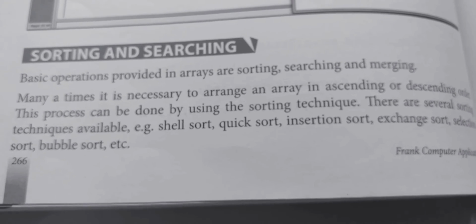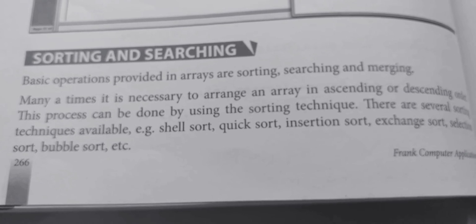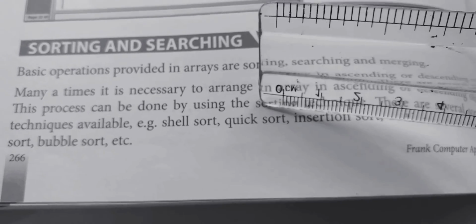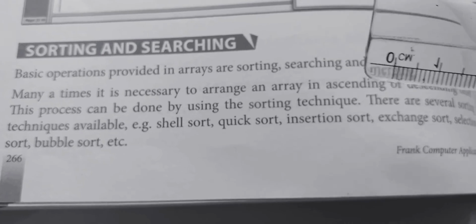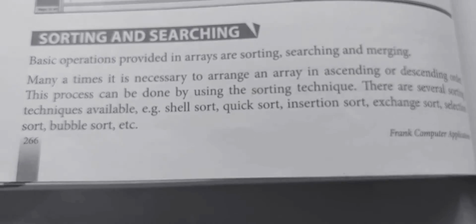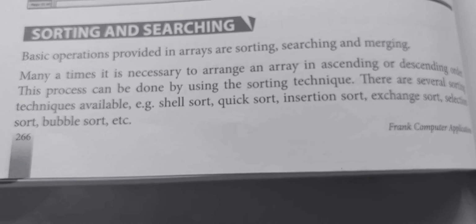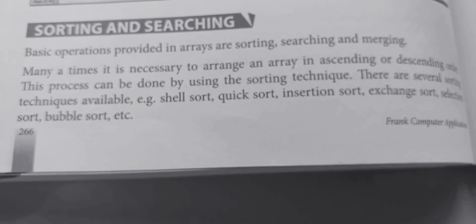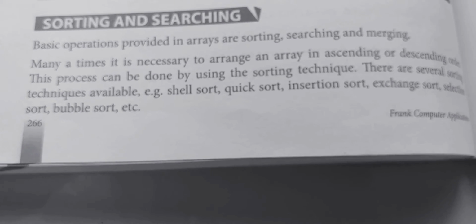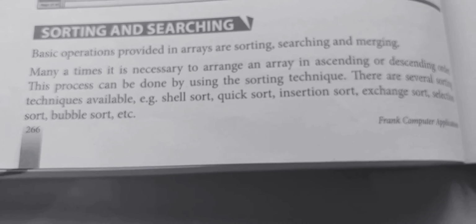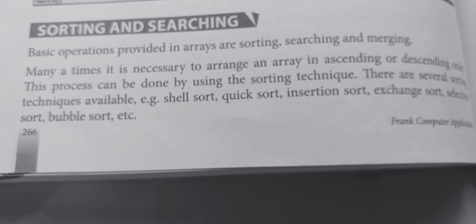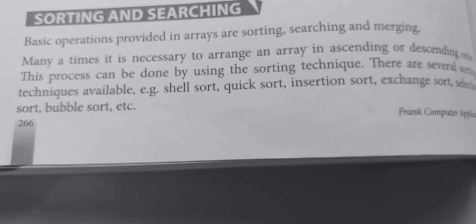So there are several sorting techniques in Java, for example shell sort, quick sort, insertion sort, exchange sort, selection sort, bubble sort, etc. Among these types of sorting techniques, we want to study only two types, that are selection sort and bubble sort. Okay.